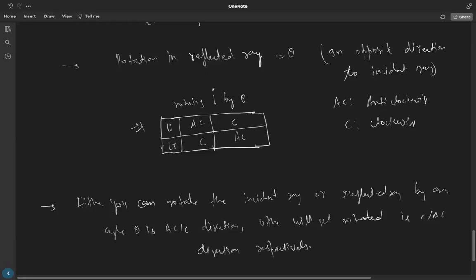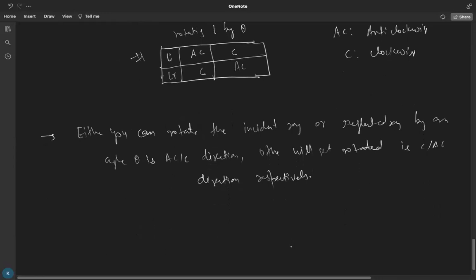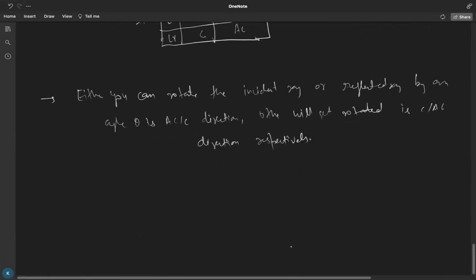I hope this is clear to all of you, right? Whether you rotate the reflected ray or the incident ray, our incident ray also varies by angle theta but in the opposite direction.